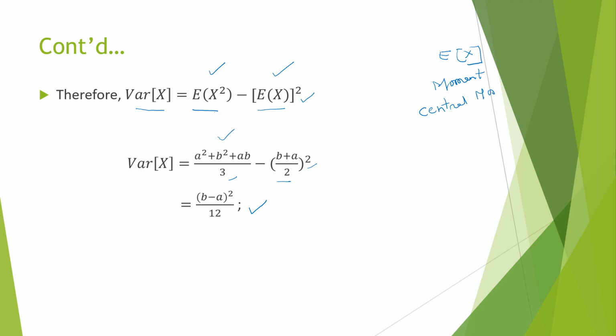And from the central moments definition, we understood that the second central moment is nothing but variance x. We defined a new one, variance x, which is equal to the second central moment. And then we considered one example of a uniform random variable and found the mean value and variance value of the uniform random variable.